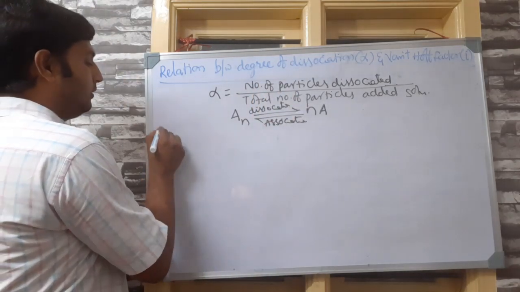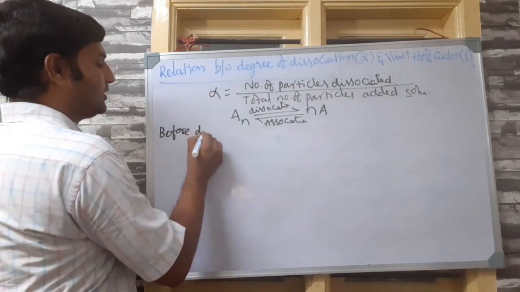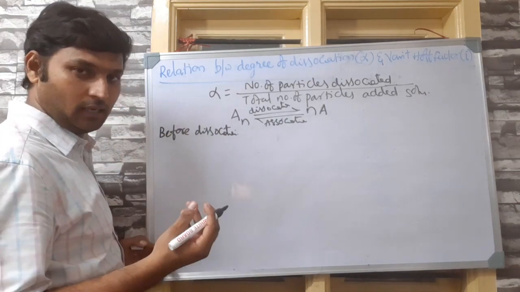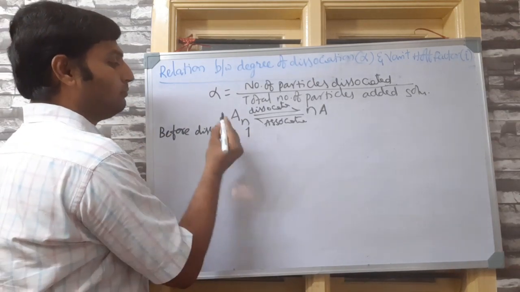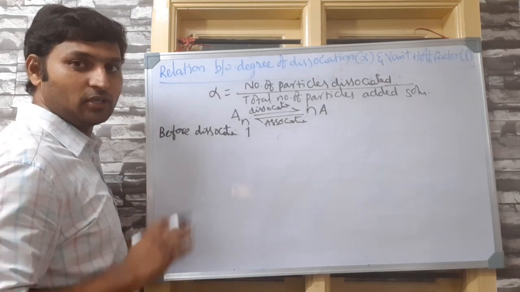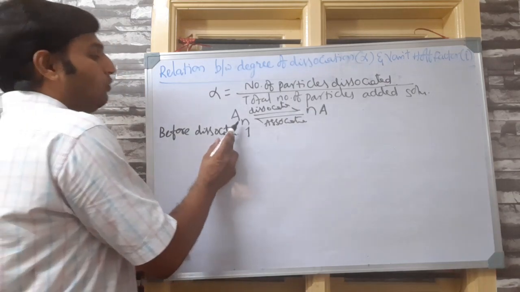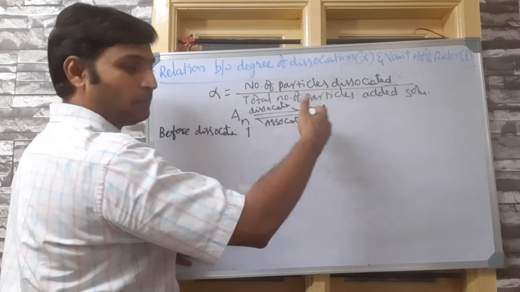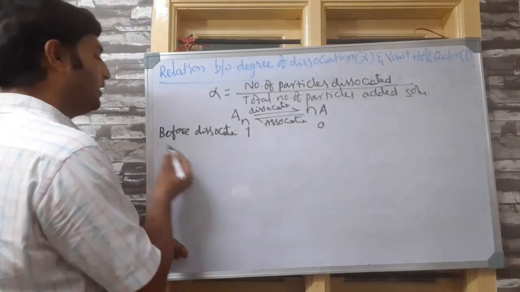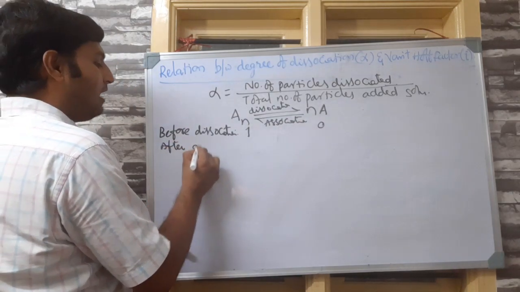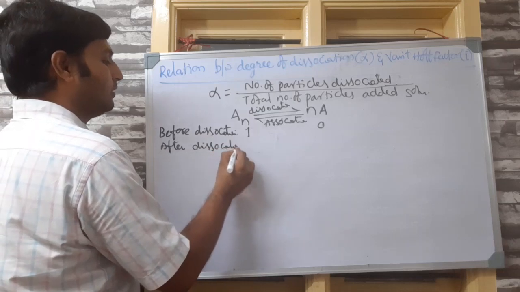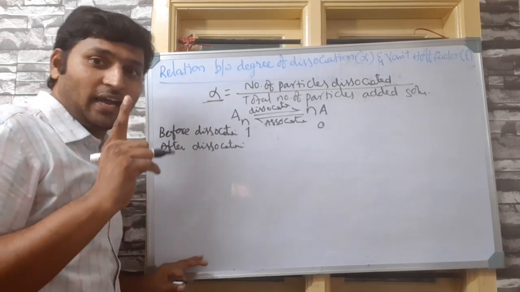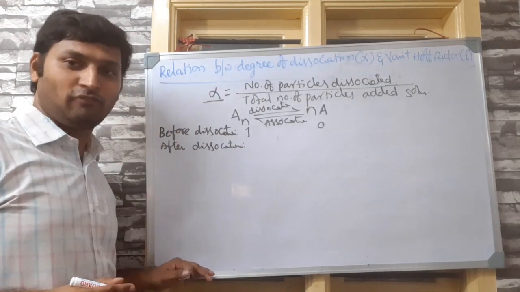Now, before dissociation has happened, when I took the substance, assume I am starting with 1 mole for my understanding, because alpha value will be maximum 1. 1 mole I started with, and there were 0 moles of nA, meaning particles were not broken. Then after dissociation, assuming alpha is the degree of dissociation, since alpha is a fraction, I am assuming initial to be 1.